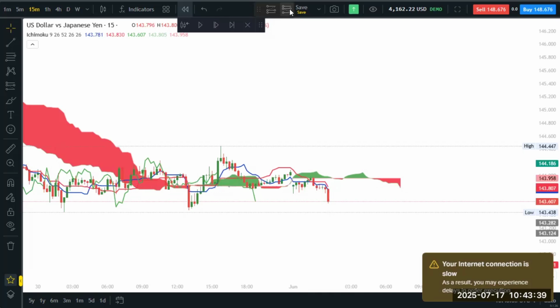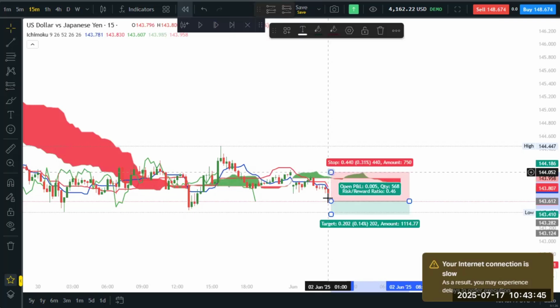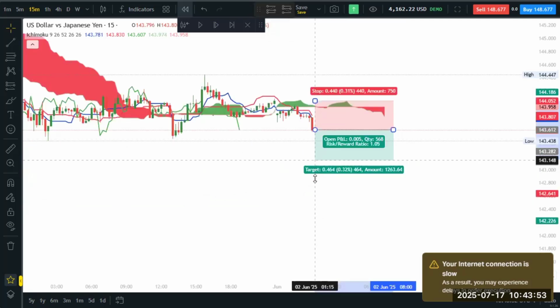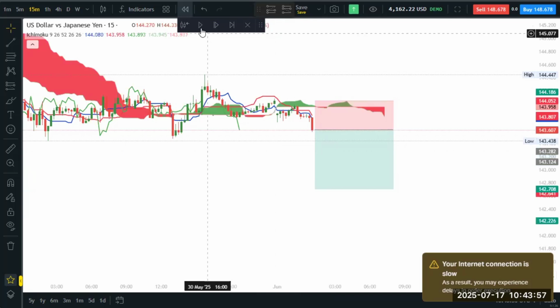So we are going to short the market. We will short it, and our stop loss will be just above the corresponding cloud level above the candle, and we will aim for a 1 to 2 risk to reward ratio. So let us play it and see how it will go.